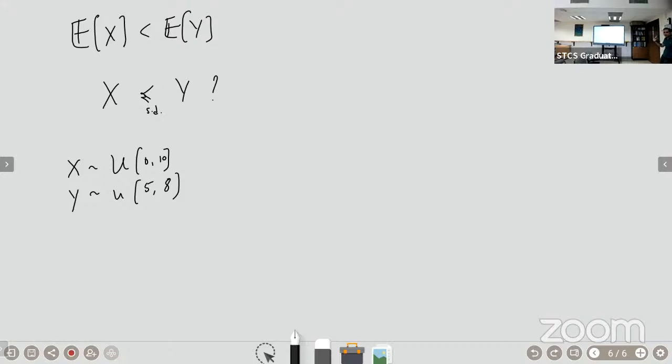But is it clear what we're looking for? Either you prove the fact or disprove the fact. So if you can produce a single random variable where the expected values are going this way, while X is not stochastically dominated.